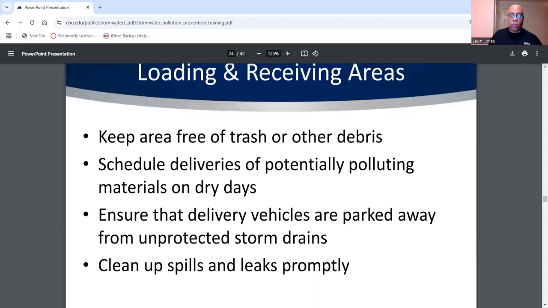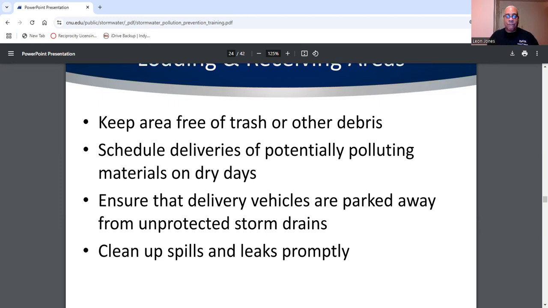Ensure that delivery vehicles are parked away from unprotected storm drains. Clean up spills and leaks promptly.